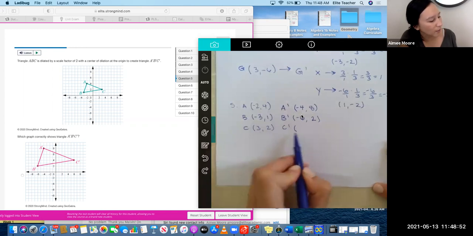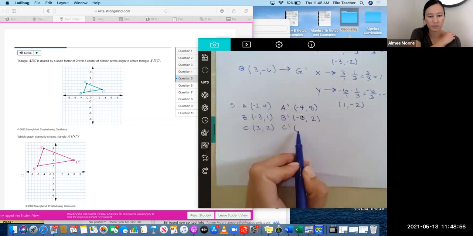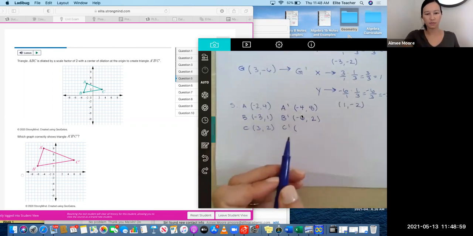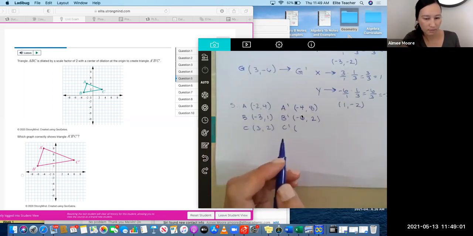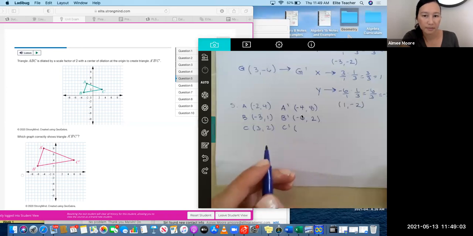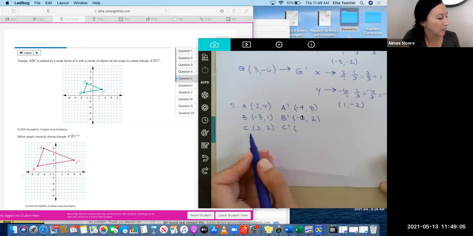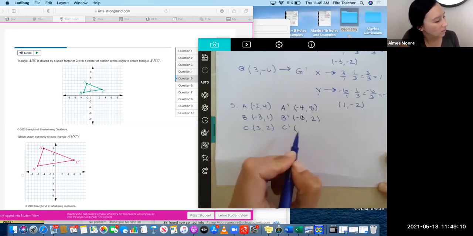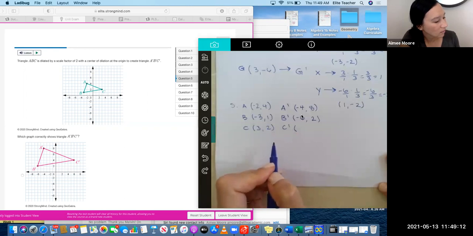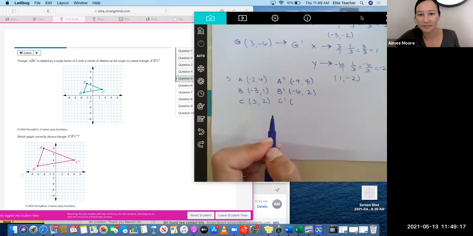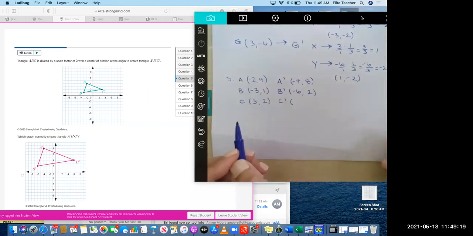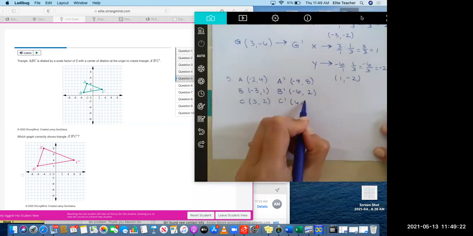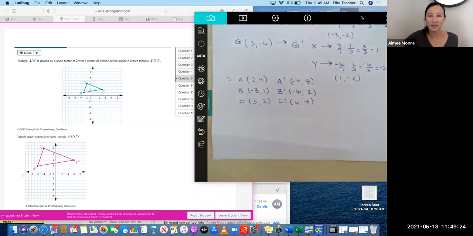So what's my X value going to be? Oh, maybe Rosalie's not there. Lily, can you tell me what we would get for C prime? Sorry. C prime would be 6 and 4. 6 and 4. Excellent. We'll multiply by 2 and we get 6 and 4.